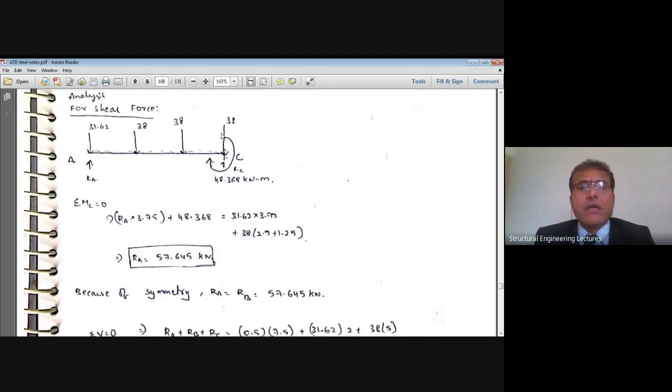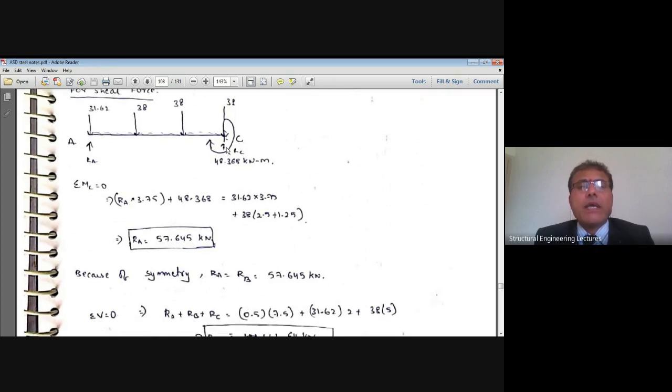Once I show the fixed end moment, it is presumed that the member is continuous over this, or at least fixed. Actually, it is continuous. It indicates either fixed or continuous, but we know that this is continuous, right? With this much fixed end moment, 48.368, in the clockwise direction at C.